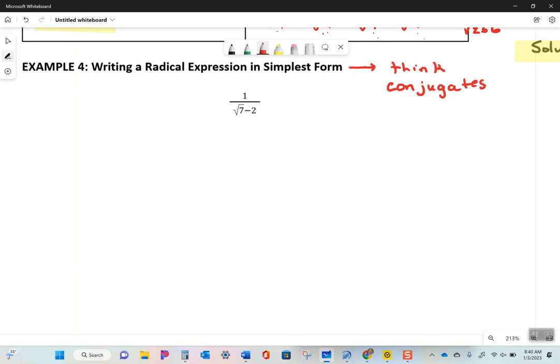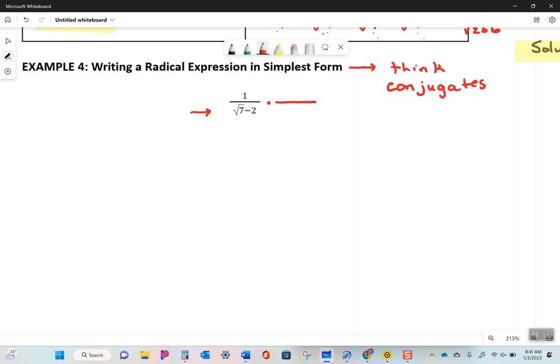So if I had a plus b, what's its conjugate? Absolutely, a minus b. So what we're going to do is multiply by a form of 1. Whenever you have a denominator like this, in this case, root 7 minus 2, in order to rationalize this, or in other words, not have any radical signs down there, we would have to multiply in the form of 1, where that form of 1 has the numerator and denominator as a conjugate of the original denominator.